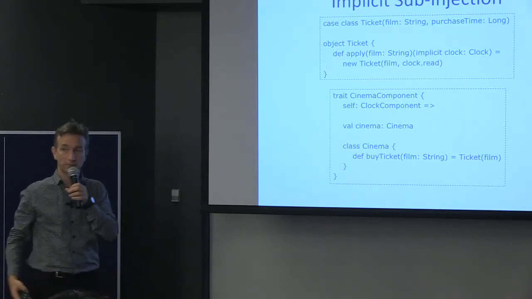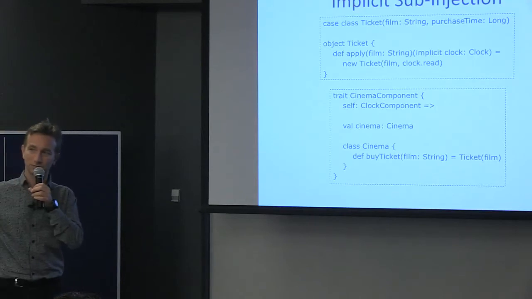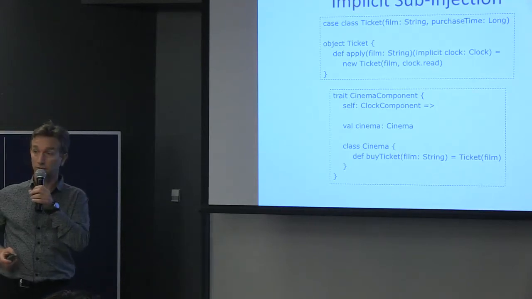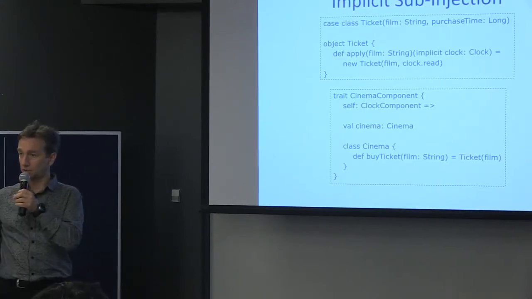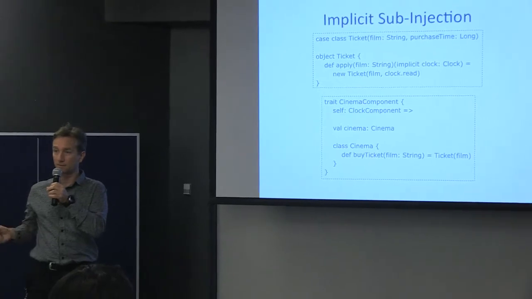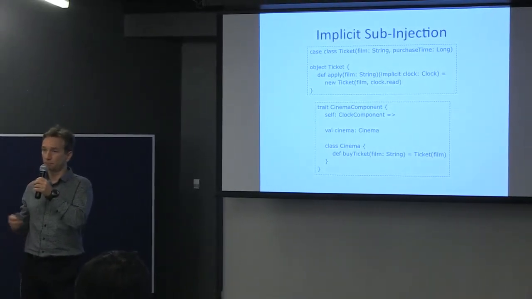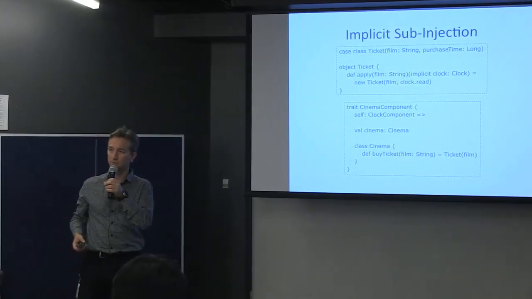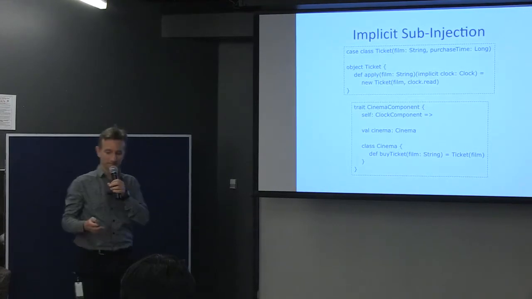People complain about implicits because you can really get carried away with invisible things, so you've got to keep it to moderation, things that really are universal through your application. Obviously, your whole application is probably interested in a clock. Your whole application may be interested in an Akka system, for example, or an execution context. These are the things that are useful to have as implicit, but you certainly don't want to get carried away.